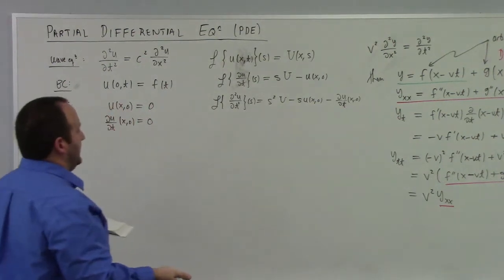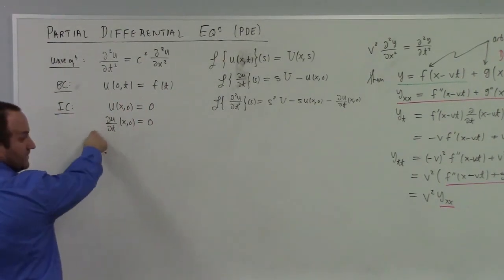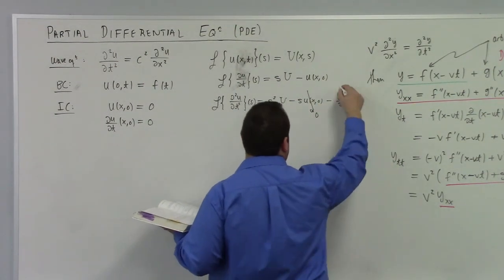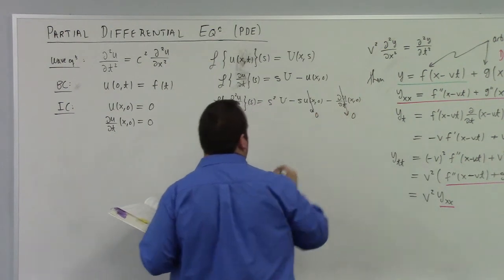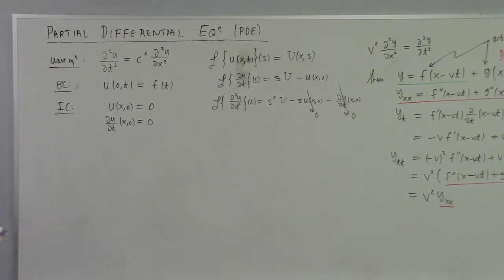But this problem is very nice, right? Because we're given what? Those are 0, right? So by now, when you see a Laplace transform problem with initial conditions being 0, you're like, well, thank goodness. I just cut your work in half, didn't I?